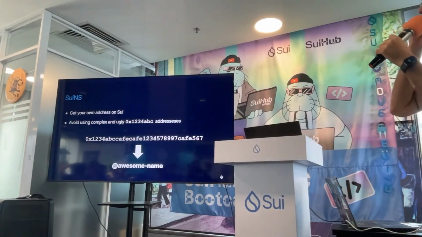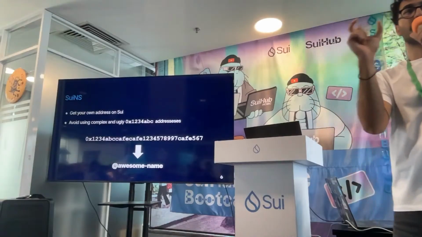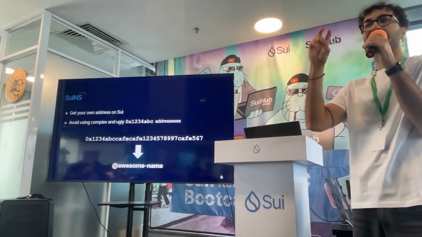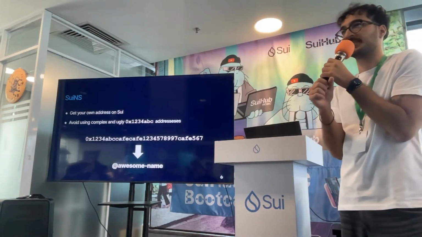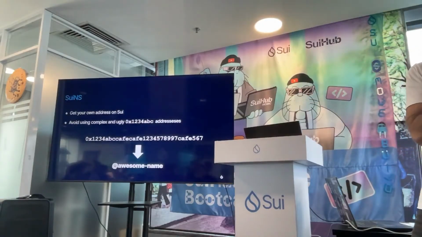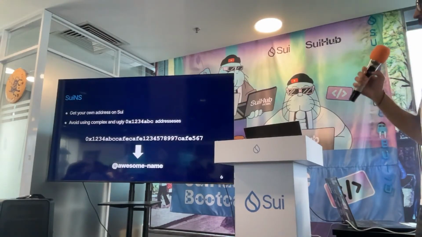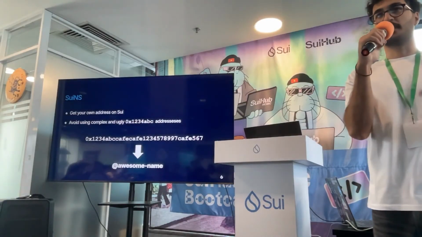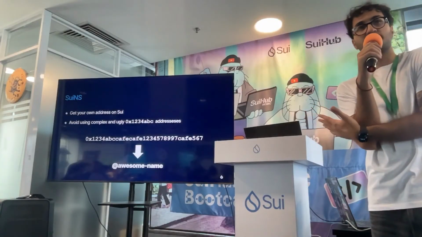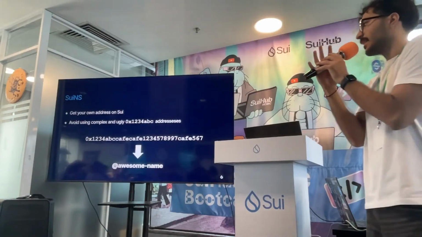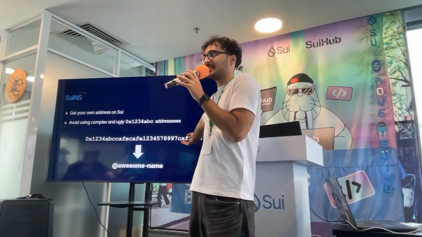SuiNS, basically mapping your address to a more human readable nickname. That's basically what SuiNS is. You might be familiar with ENS from Ethereum. This is one step further in avoiding the friction of Web3, because interacting with someone on Web3 means that you have to provide their big, long, ugly address that you cannot remember.